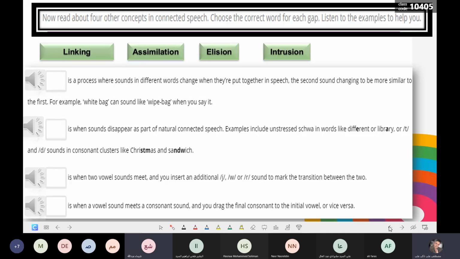The same thing applies when we say ten pen, we say tem pen, because the N sound changes to an M sound when it is followed by P. We say tem pounds, not ten pounds.